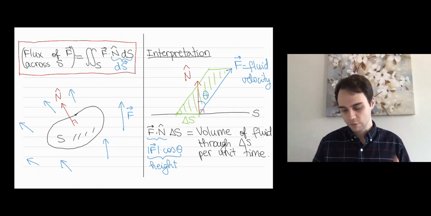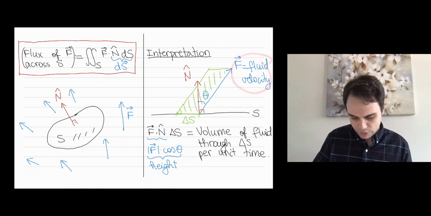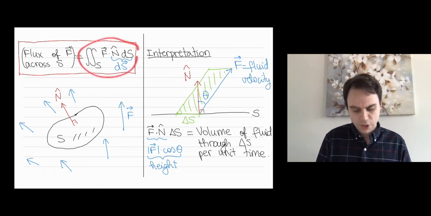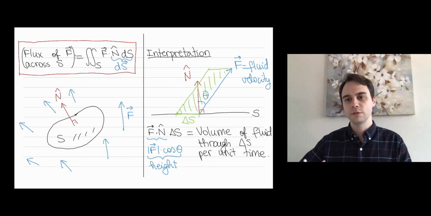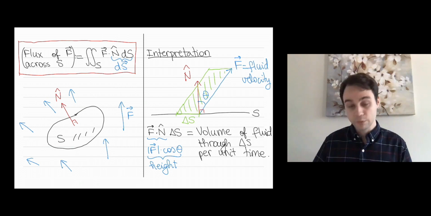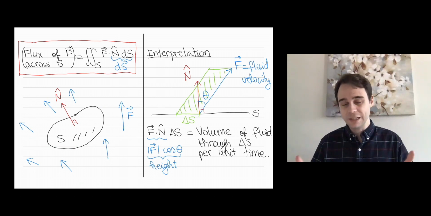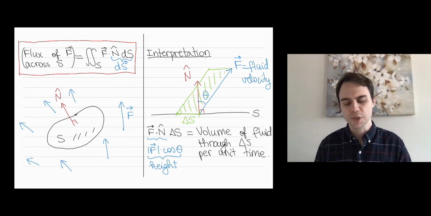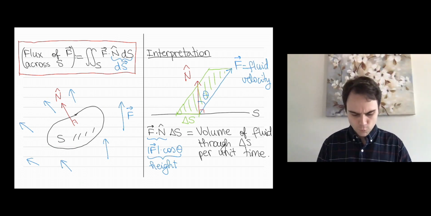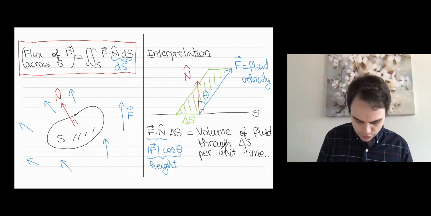If F is the velocity field of a fluid, the result of the integral is going to be some number of cubic feet per unit time, per second, if you're using feet and seconds to measure distance and time respectively. Okay, so this is the interpretation.